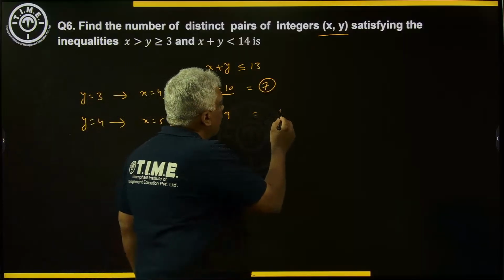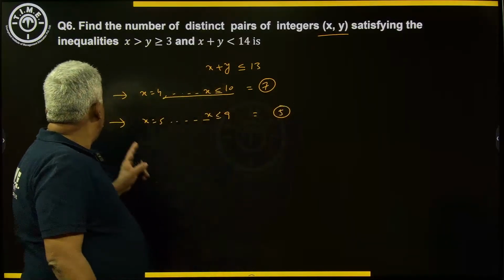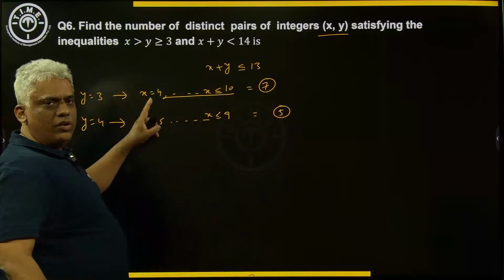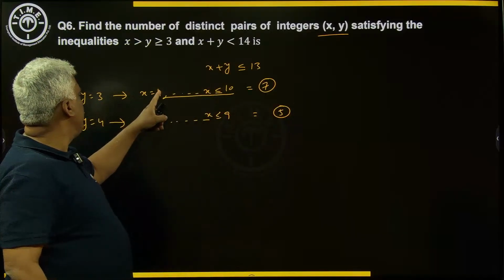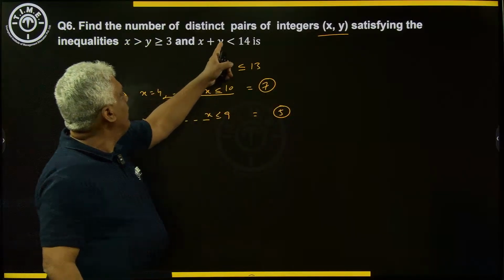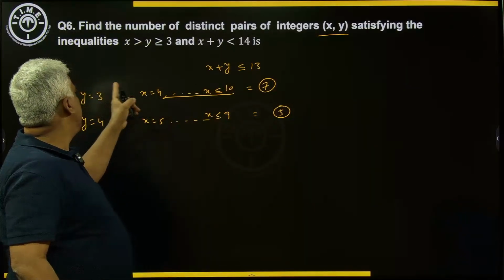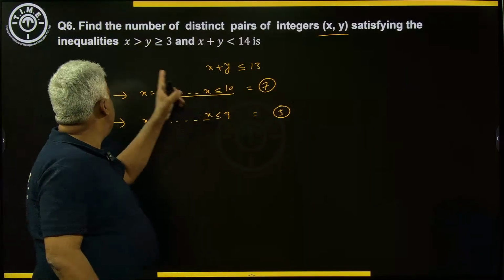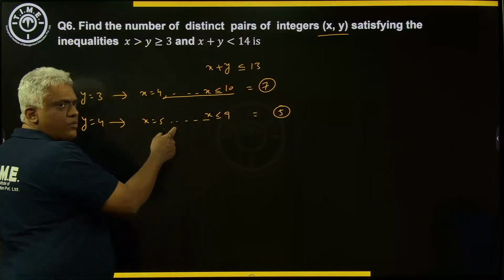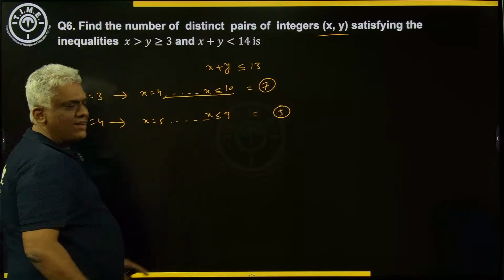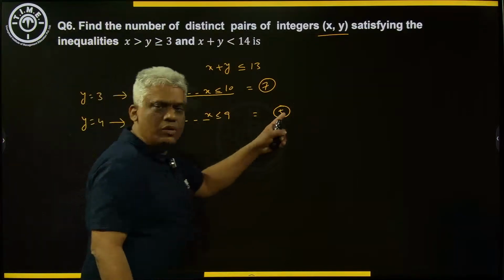So 5 solutions here. Okay, I made a mistake, it's x comma y, so first we have 4, 3, 5, 3 like that, then 10, 3. Here we have 5, 4, 6, 4, 7, 4 like that till 9 comma 4. So 5 solutions here.